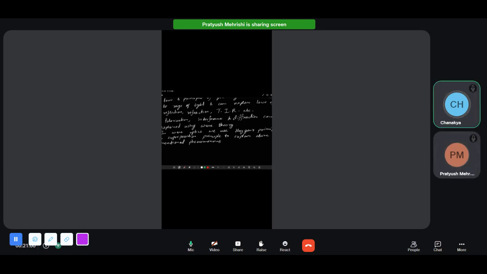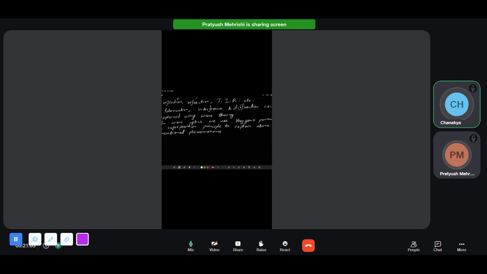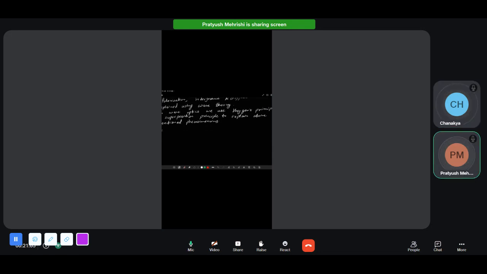Now let us move towards validity of ray optics. Till what limit can we use the geometrical rules, the concepts of geometry, in ray optics? It is the validity of ray optics.